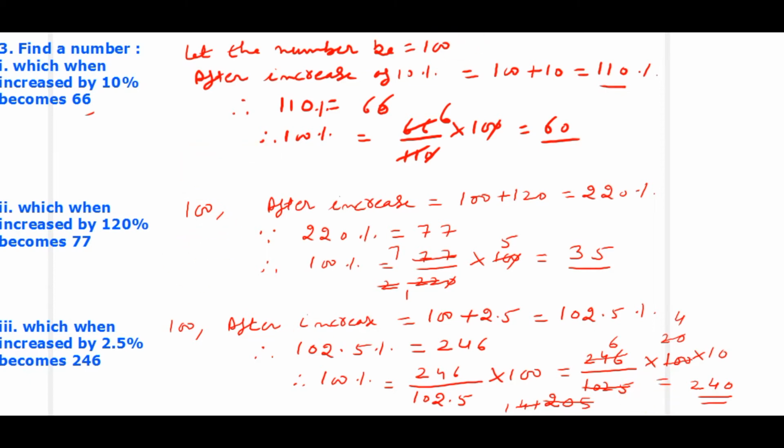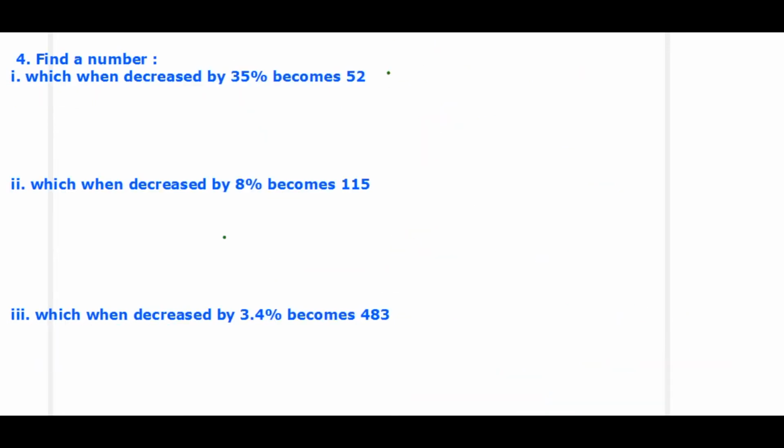Now we will move on to the next question. Find a number which when decreased by 35% becomes 52. Let the number be 100.